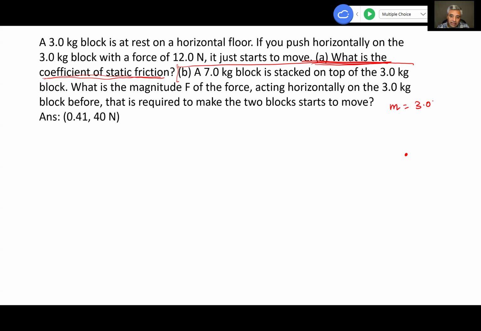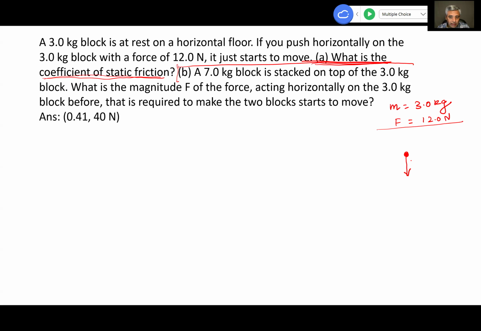You can denote it by M1, but you don't have to. I like to keep things as simple as possible. And the applied force, as we listed, is 12 Newton. So let's draw the forces. We're replacing the mass by a dot, okay?